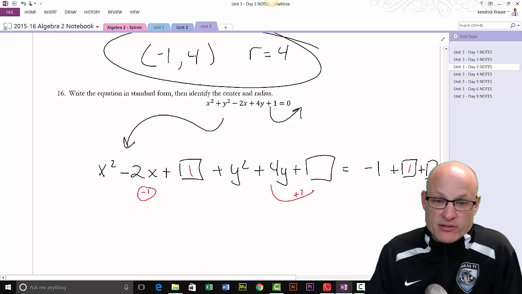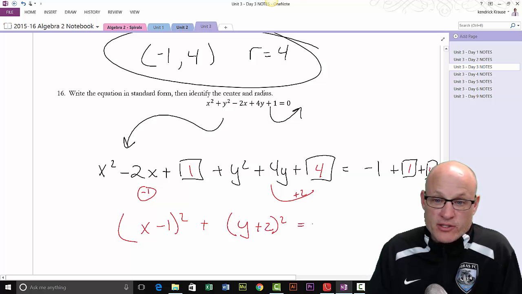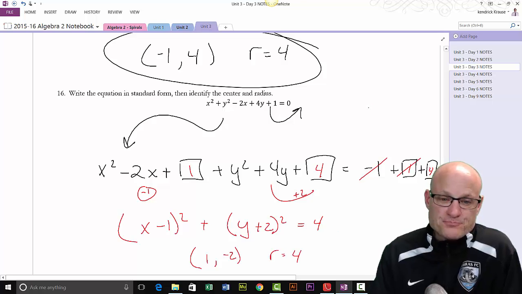Half of this is positive 2. Positive 2 squared is 4. We'll put a positive 4 over here. So this factors to (x minus 1) squared plus (y plus 2) squared is equal to, again, the 1's cancel. That doesn't always happen, but the 1's cancel in that case, and I get 4. So my center is (1, negative 2), and my radius is 4.